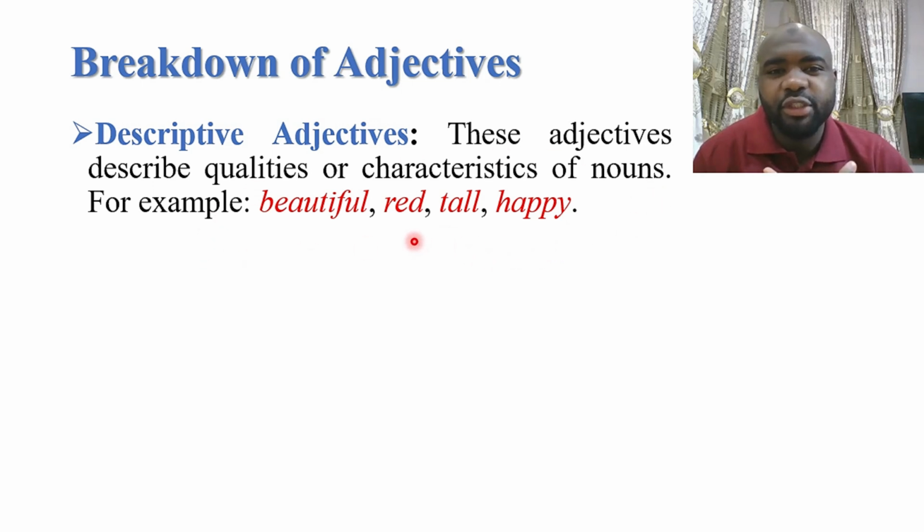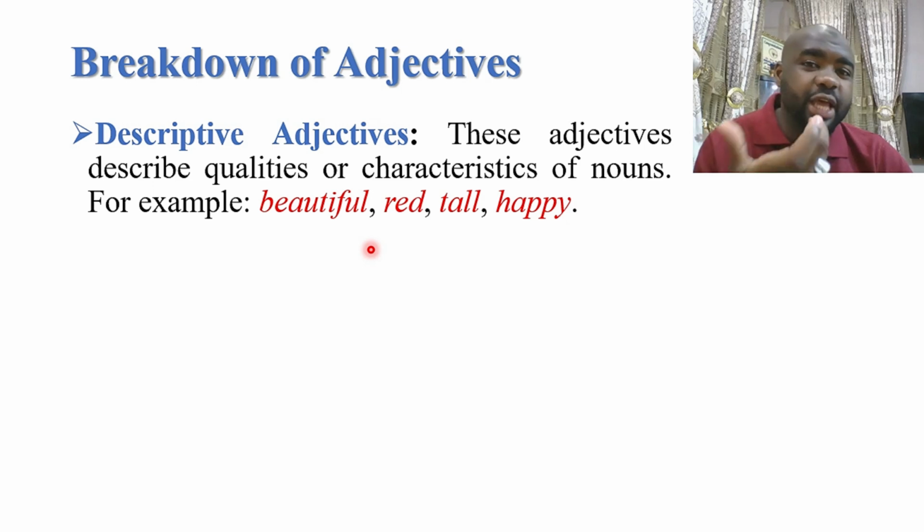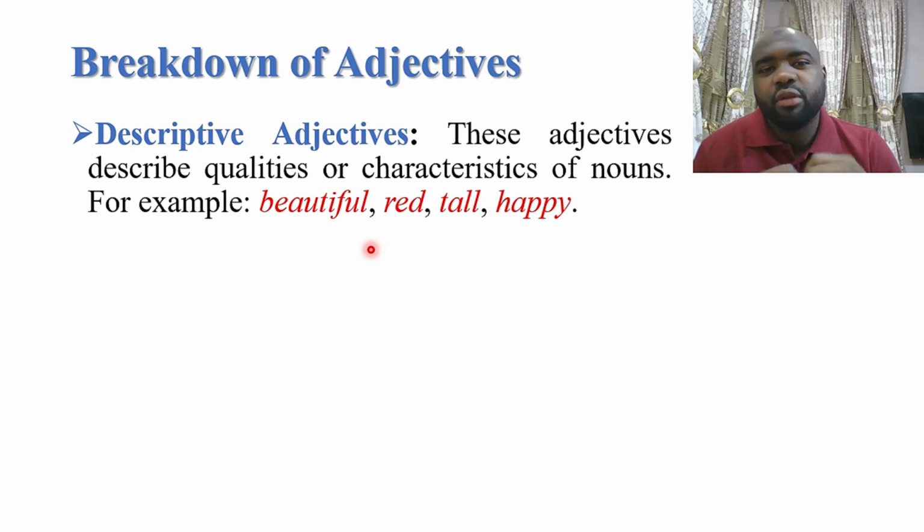These words and other words such as these describe, qualify, and modify that particular noun in question. For example, something is beautiful or someone is beautiful, which means that person is not ugly. So you're expecting to see something attractive, someone attractive, all right?